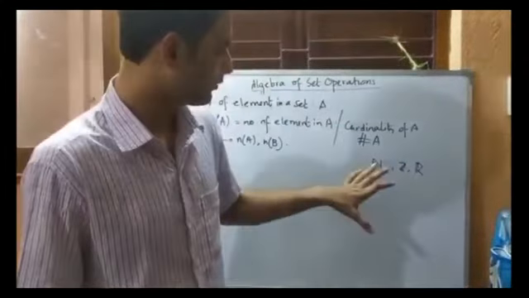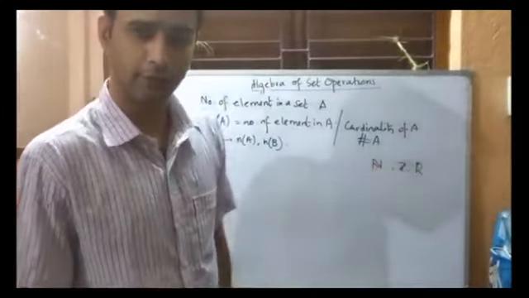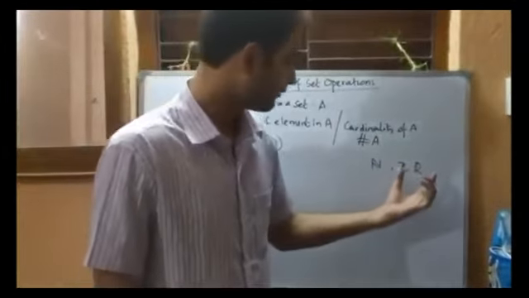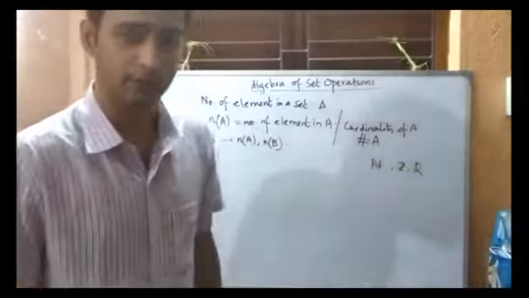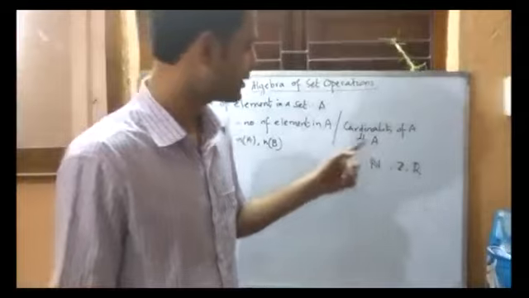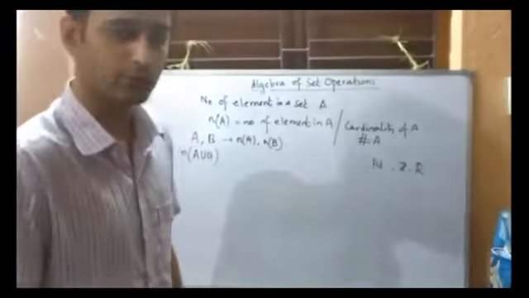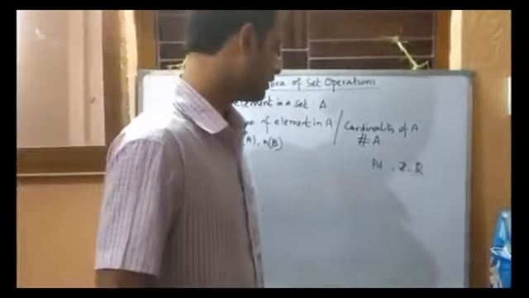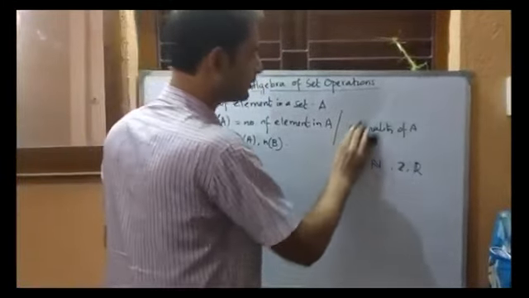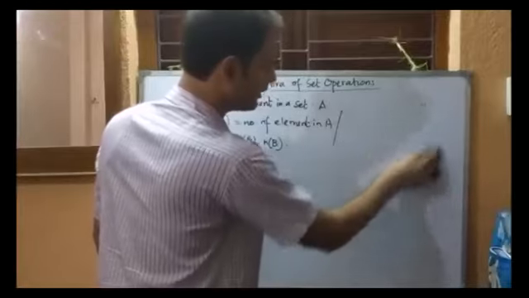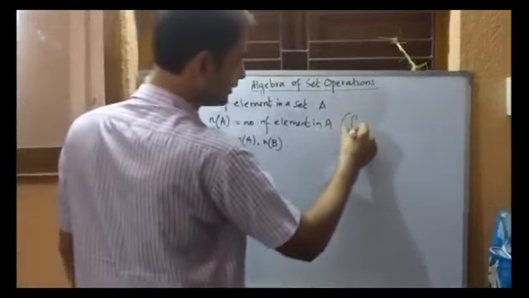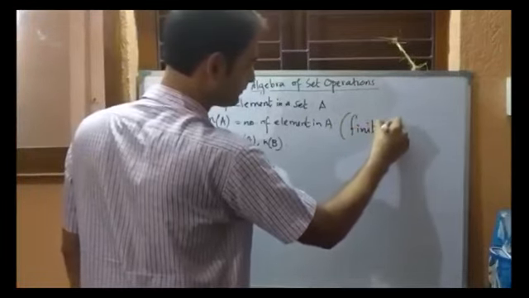So for them the size of infinity is one kind of thing, and for R the size of infinity is a different kind of thing. To make a distinction between them, this concept of cardinality was introduced by George Cantor. And for now we will avoid this. We will only concentrate on finite sets and their number of elements. So this n of A is basically defined for finite sets.